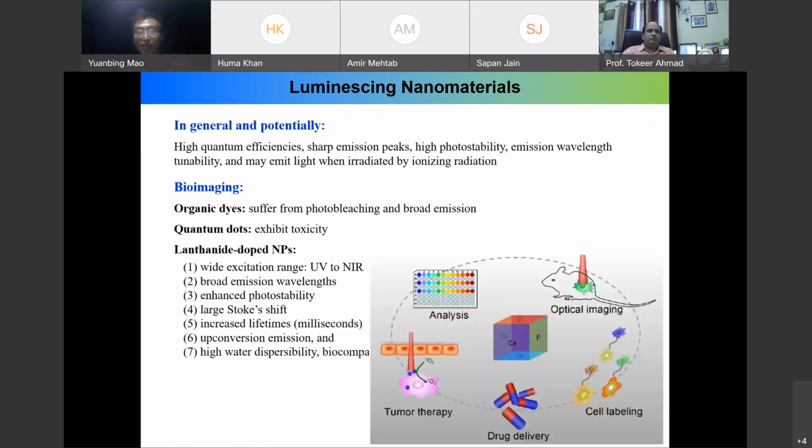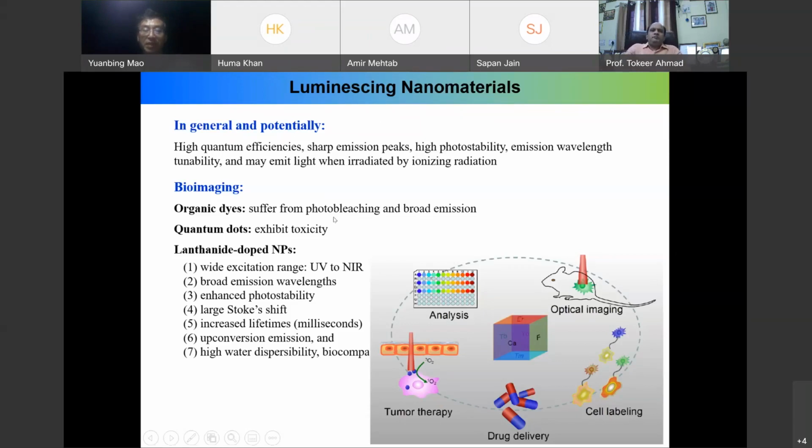And even though this is not our focus today and tomorrow, for bioimaging, there are different materials being explored, and bioimaging is very important. We use nanomaterials or we use molecules. Organic dyes have been used and explored, but they suffer from photobleaching and broad emission. That's one thing I mentioned to you earlier.